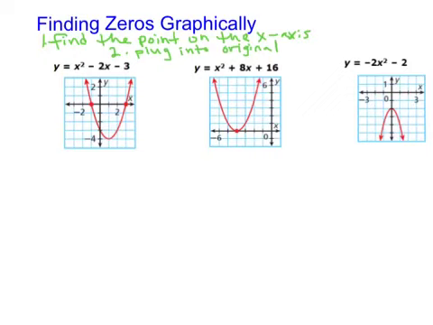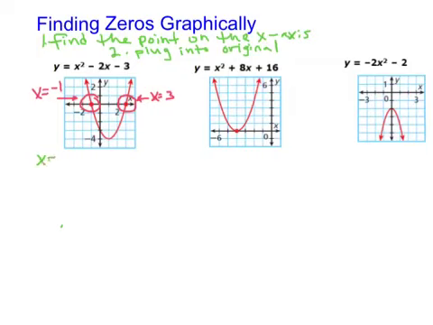So if we look at this first example, we can see that this graph crosses the x-axis twice. Over here, the x value that it crosses at is x equals 3, and over here is x equals -1. So basically we're going to substitute these into our original equation and see if it does give us 0.